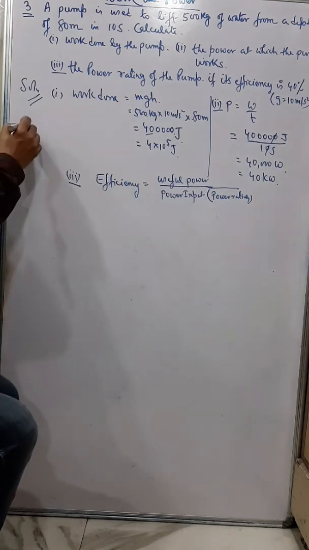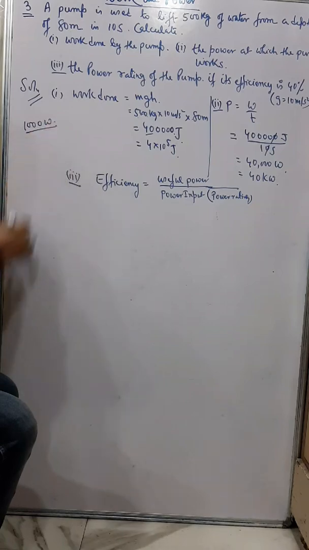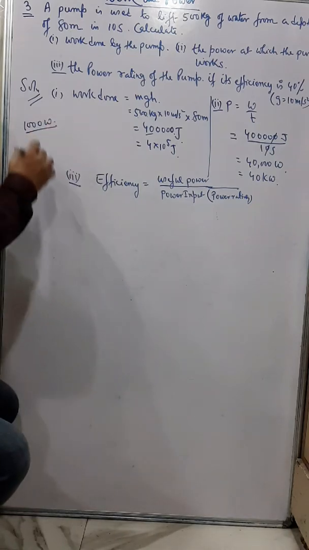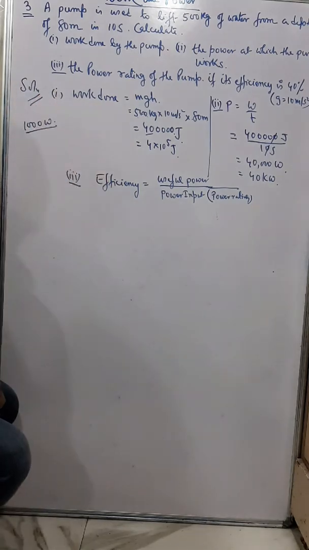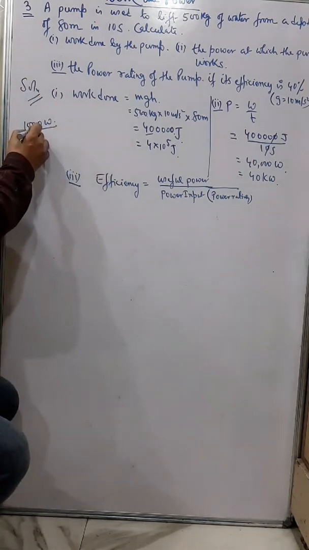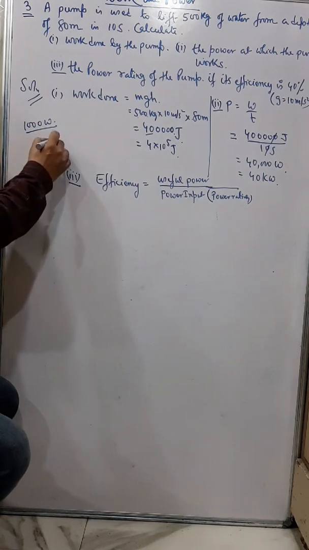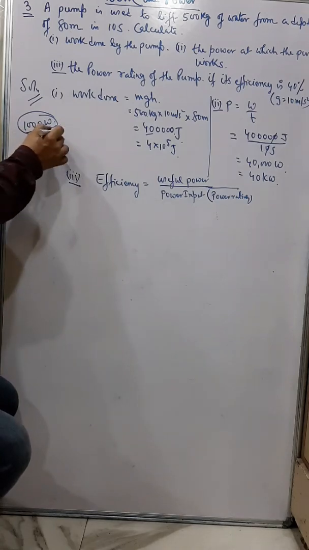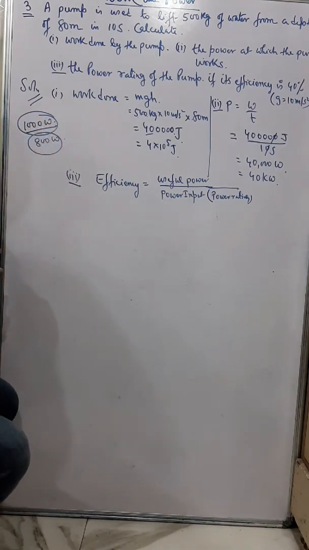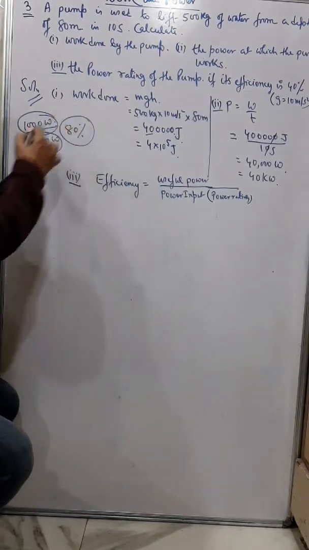Say if a machine is rated 100 watt or 1000 watt, there are many types of loss of energy that we will study later. And hence, suppose the machine is working at 800 watt, so this is the power rating, but the machine is working at this much watt, and therefore we say the efficiency of the machine is 80%.